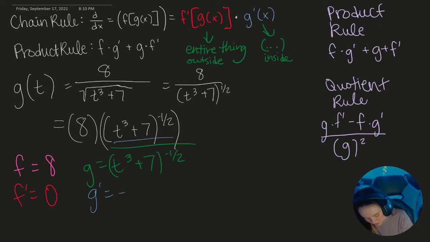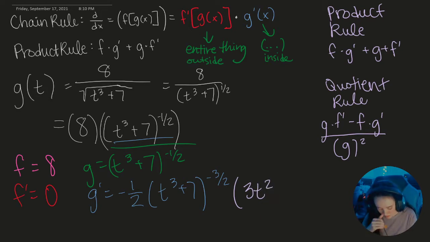So negative 1/2 t cubed plus 7 to the negative 3/2, because that would be negative 1/2 minus 2/2, times the derivative of the inside. So 3t squared would be the derivative of the inside. Okay?